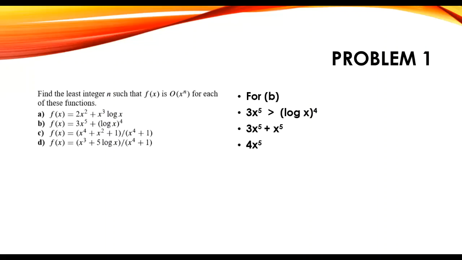And what is our n based on this? It's 5. How about c, the multiplier? 4. And how about k, wherein 4x to the fifth is equal to or greater than the original equation? It's 1. So this would be our answer.